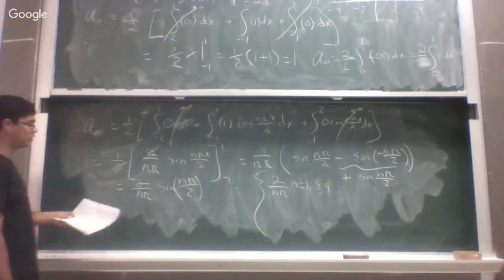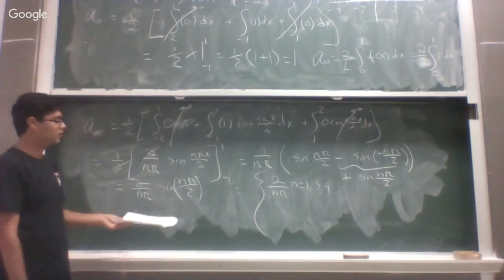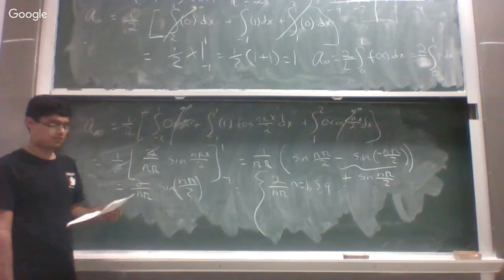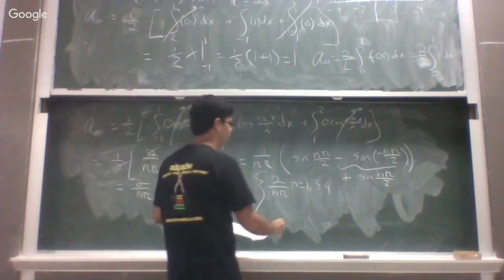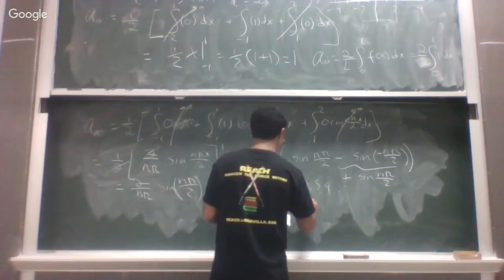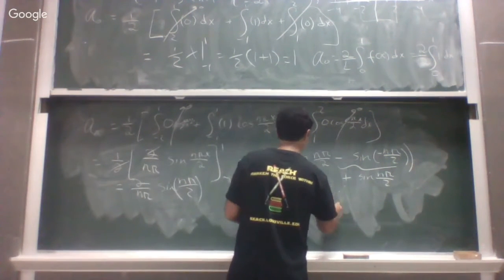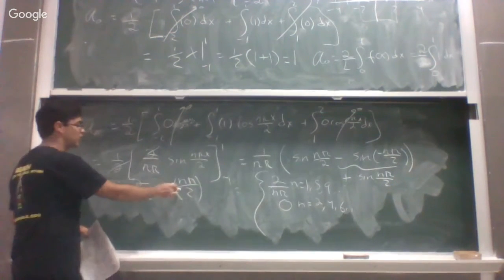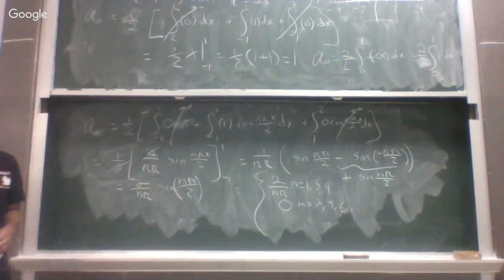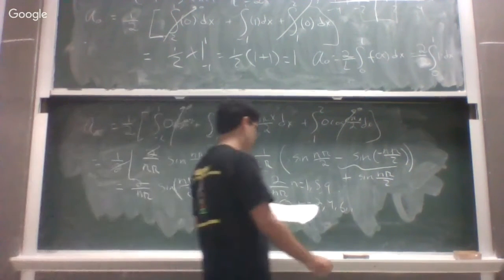When we have a 2 in here, we have sine of pi. So that is what? 0. So it's 0 when n is equal to 2, 4, 6. When we have a 3 in here, we have 3 halves pi. Sine of 3 pi over 2 is what? -1.